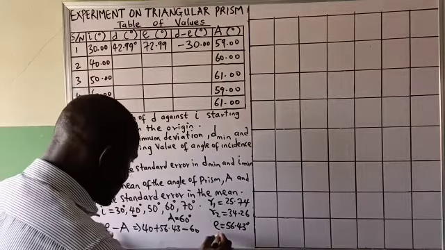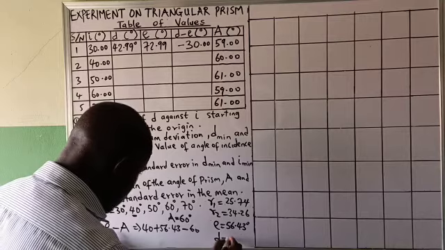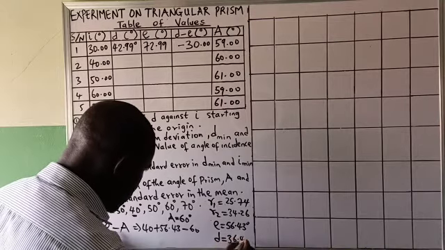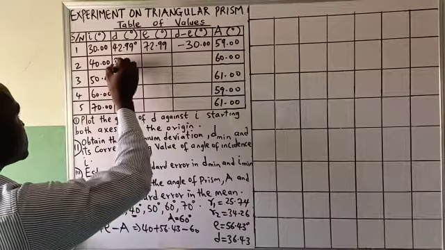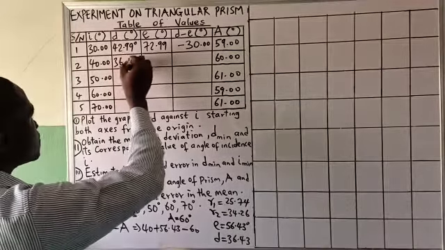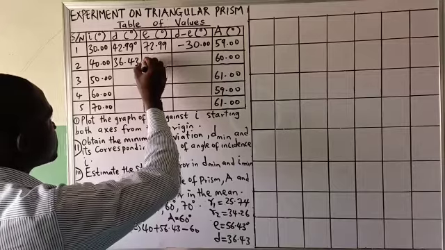That will be giving us that our D is equal to 36.43.